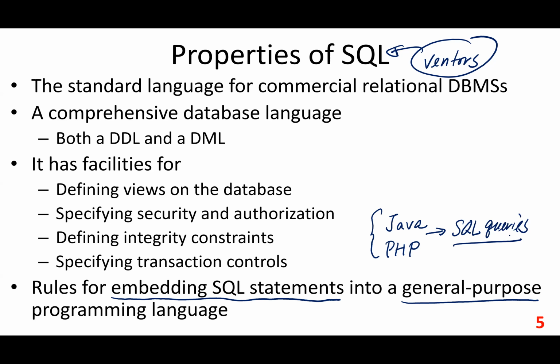So when you do that, you need to communicate with the DBMS. The general purpose programming language needs to find some way to communicate with the DBMS. And Java and PHP use different ways for the communication.